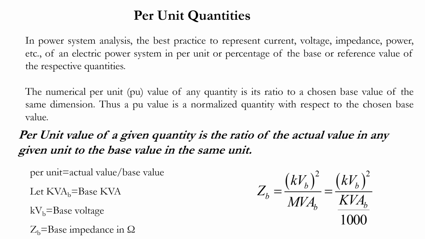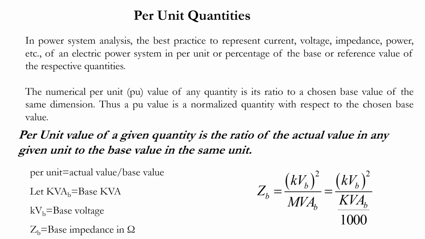In power system analysis, the best practice is to represent current, voltage, impedance, power, etc. of an electrical power system in per unit or percentage of the base or reference value of the respective quantities. The numerical per unit value of any quantity is a ratio to the chosen base value of the same dimension.